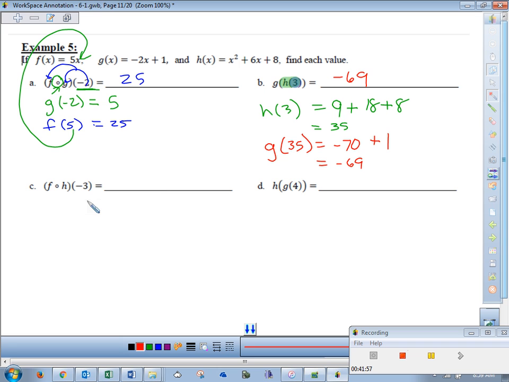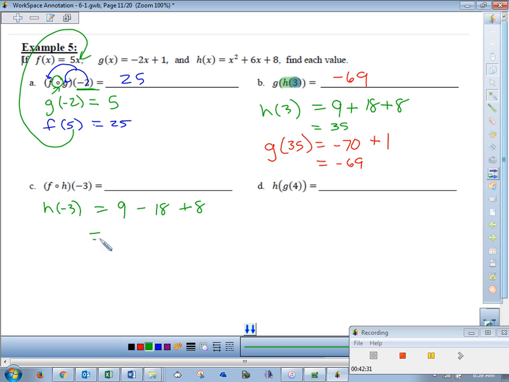f of h of negative 3. You need to put negative 3 into which guy first? f or h? h. Do it. Find h of negative 3. There's h. So I'm going to go one nugget at a time in this. That would be 9 minus 18 plus 8, because negative 3 squared is still positive 9.